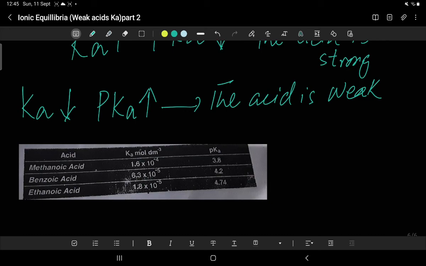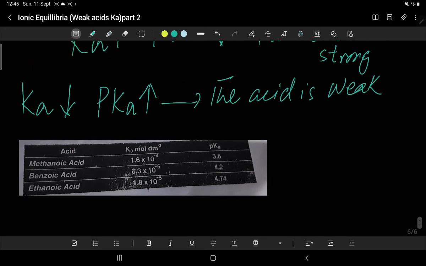So look at the values of methanoic acid: Ka 1.6 times 10 raised to minus 4 and pKa is 3.8, and benzoic acid 6.3 times 10 raised to minus 5 and pKa is 4.2, and similarly ethanoic acid is 1.8 times 10 raised to minus 5 and pKa is 4.74.